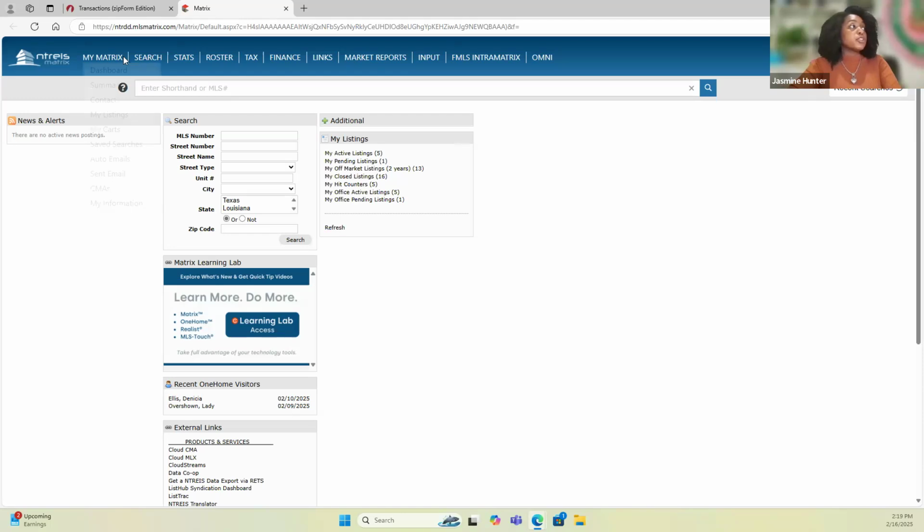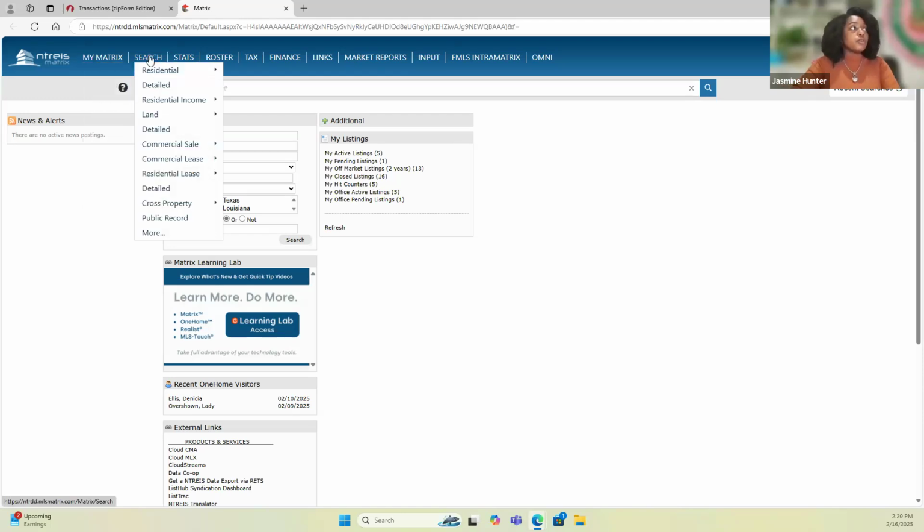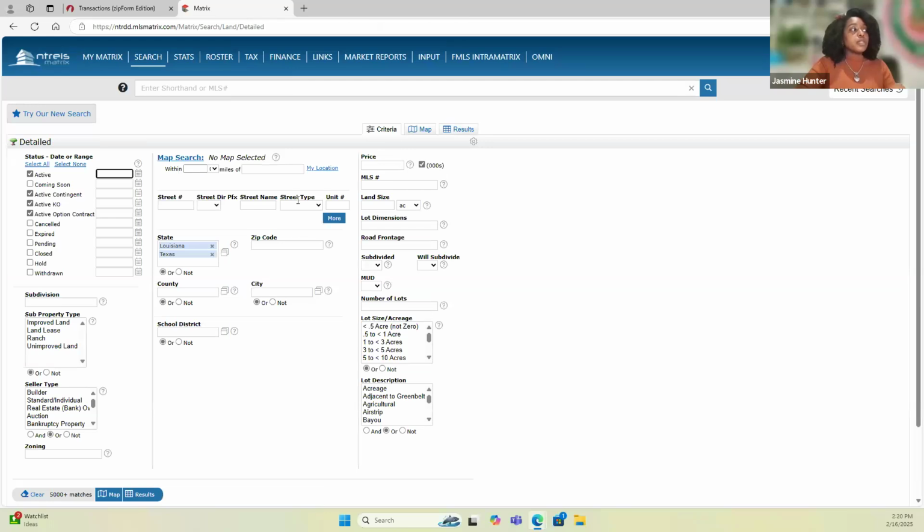Okay. Now, when you're searching for these properties, when you go to your MLS, you're just going to your regular MLS. And what you're looking for is land on the search and you're hitting detailed. Now, in our residential land video, we talked about everything that you see here, road frontage, number of lots, lot description. We talked about all this stuff where you do it again. But the difference is when you do this, first of all, we want to get rid of all of this because that means that it's under contract.